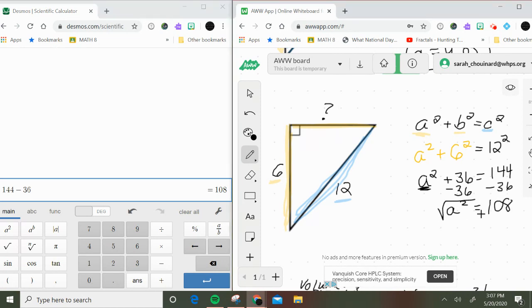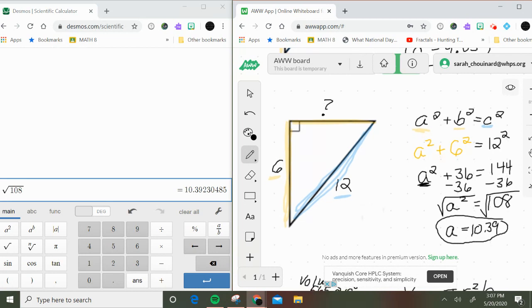I still have to take the square root. And so the square root of 108 is going to be a little bit bigger than 10. If we round to the nearest hundredth, 10.39. So that is the missing side of this triangle, which is not bigger than 12, so that's a good thing, because 12 needs to be the longest side of that triangle.